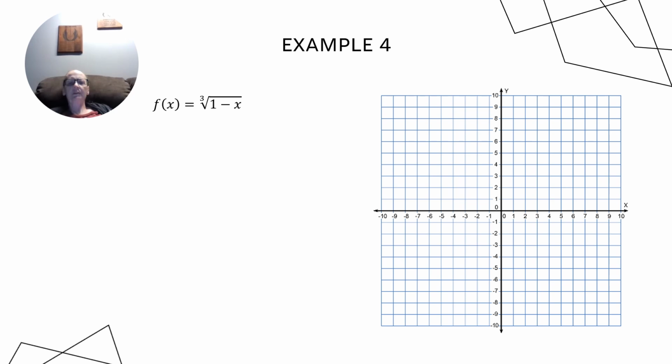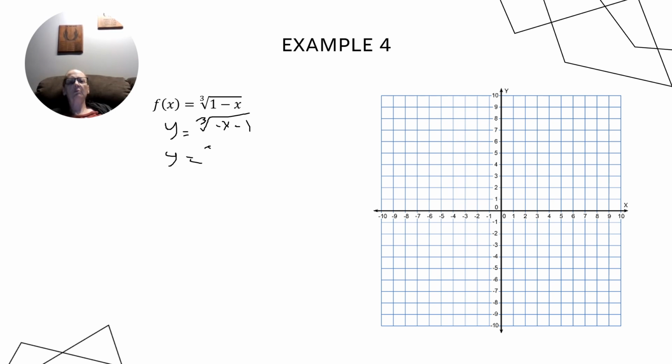All right, last but certainly not least, we have another cube root function, but you can see it's written kind of backwards right now, so I'm going to turn it around. The x should always be first. So we have cube root of -x plus 1. That gives us a number inside the cube root with the x, so that means we have to split it out.